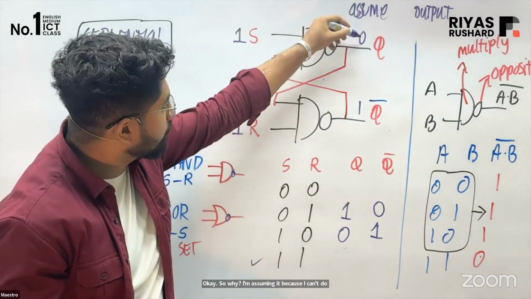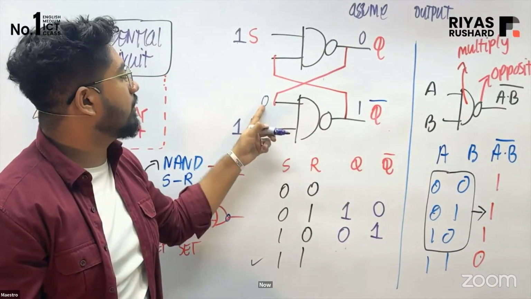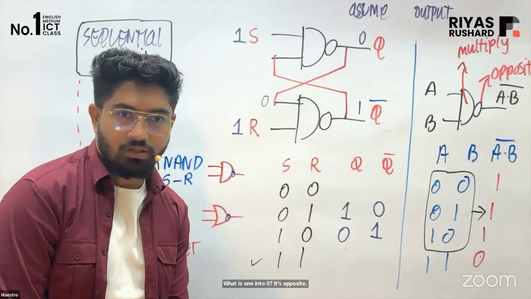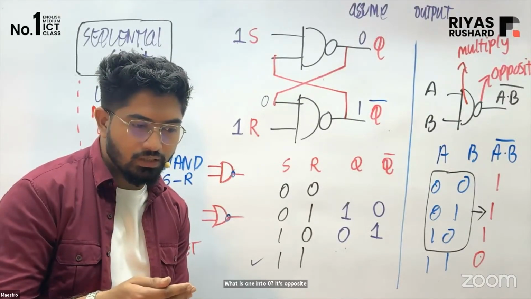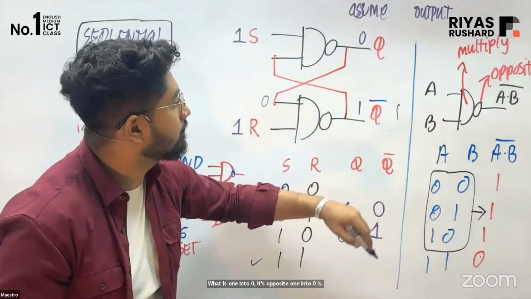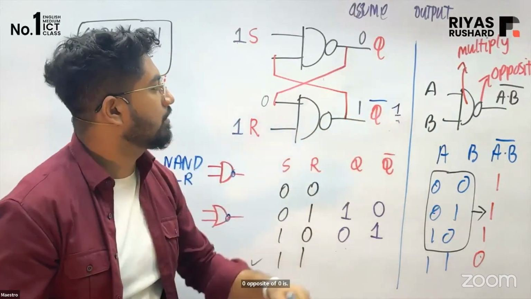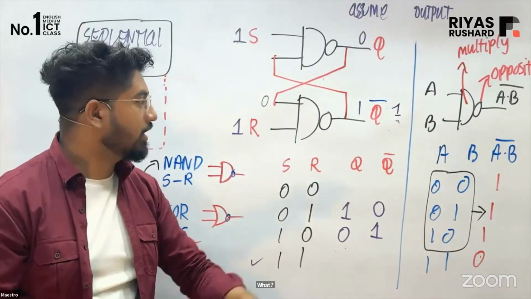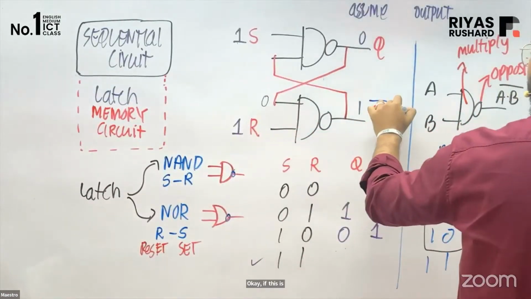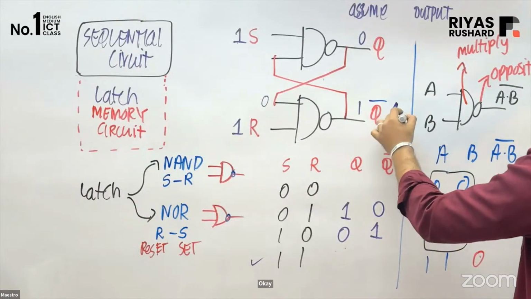Now check. If this is 0, this 0 comes here. What is 1 into 0? Its opposite. 1 into 0 is 0. Opposite of 0 is 1. If this is 1, my new output becomes 1.